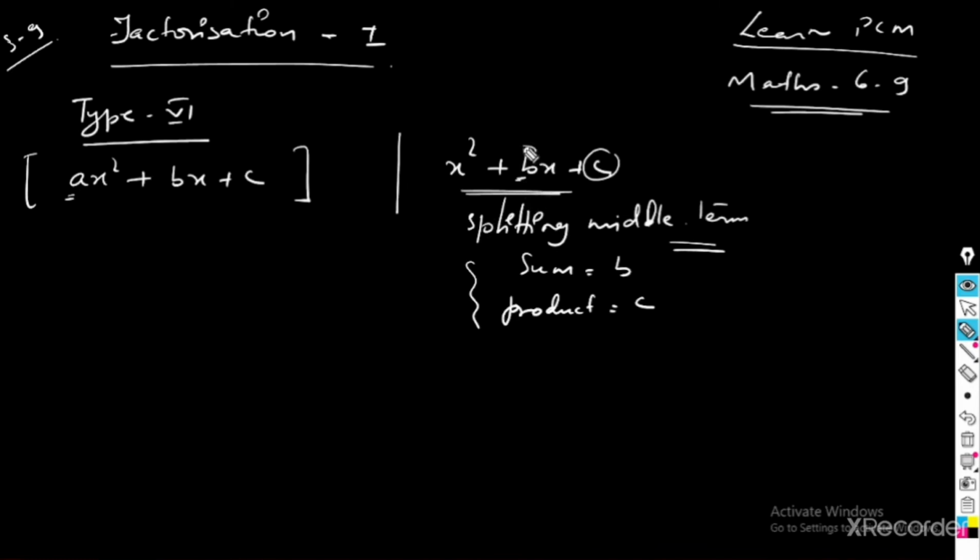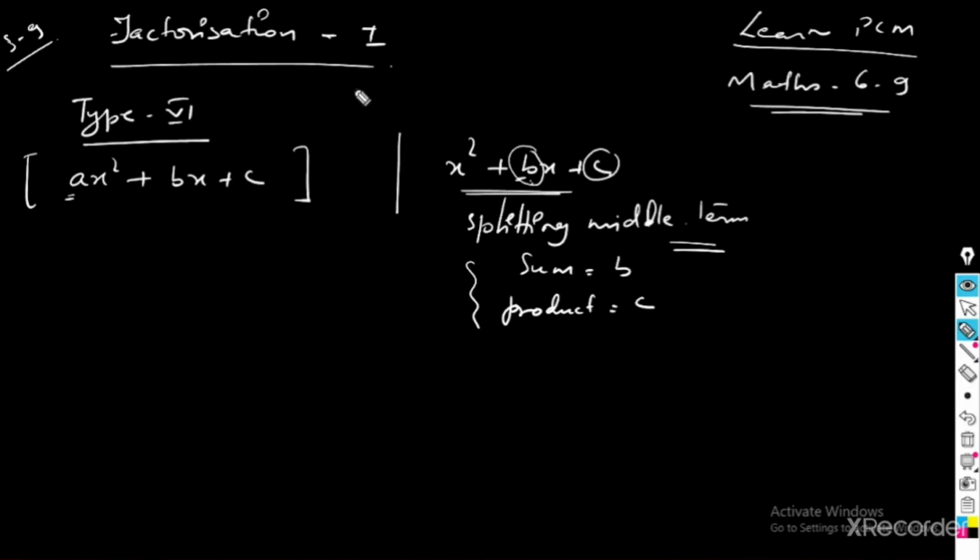Our motto is to split this number b in such a way that the sum of those two numbers is equal to b and the product is equal to c. And how are we going to do that? We are going to do it by using this constant term. We will find the prime factors of this, and then we will do it, right?